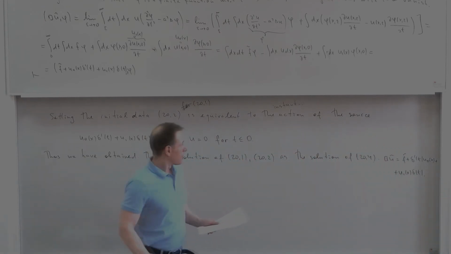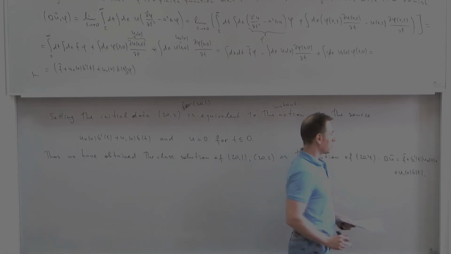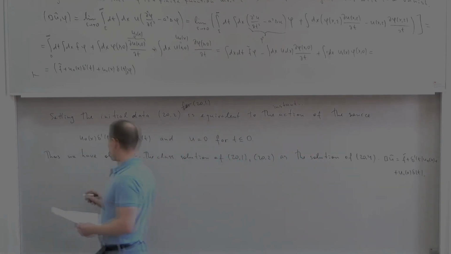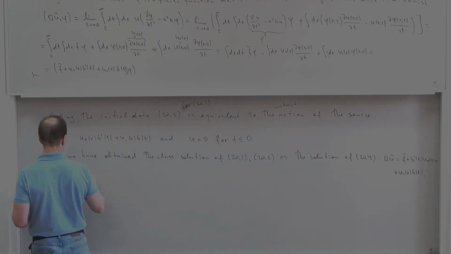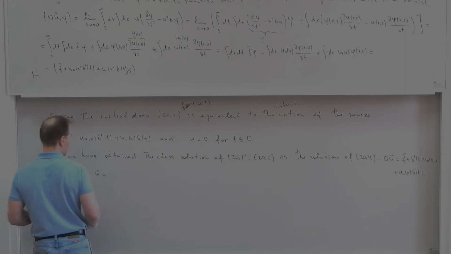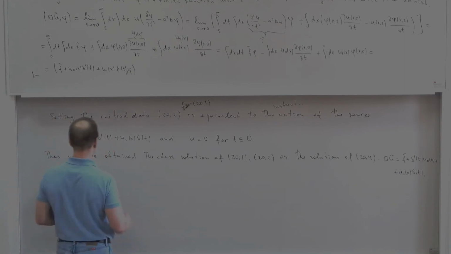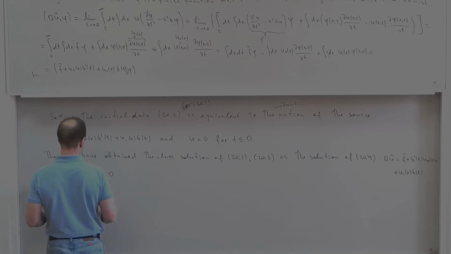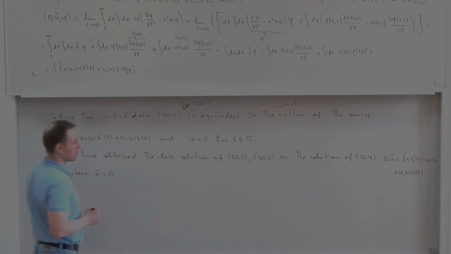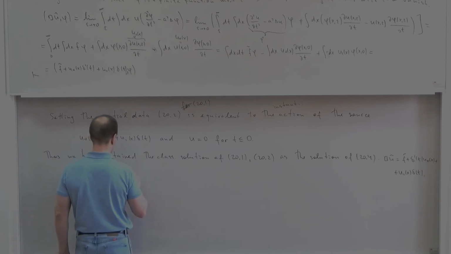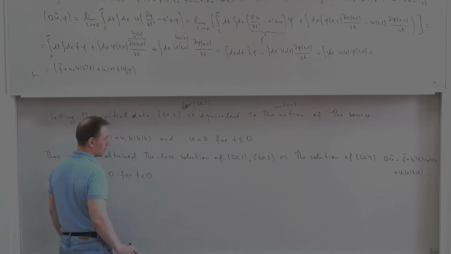Where, by definition of the function tilde u, this function tilde u is equal to 0 for negative t.